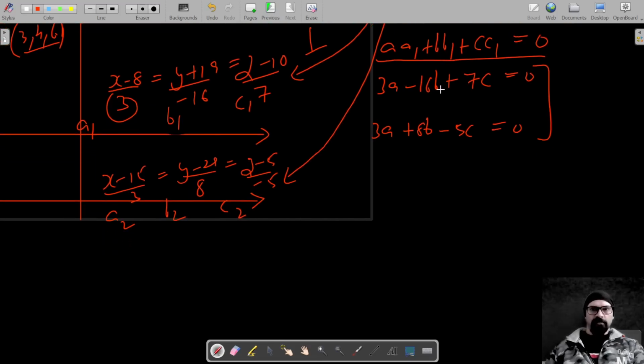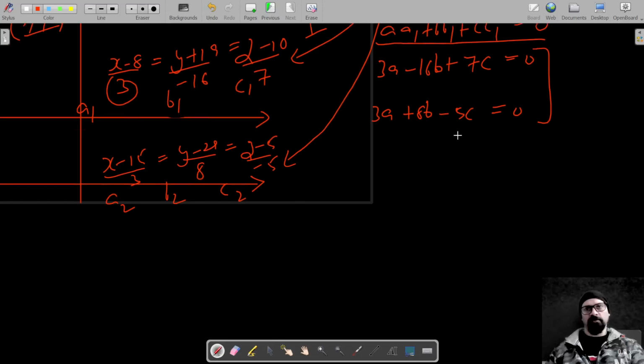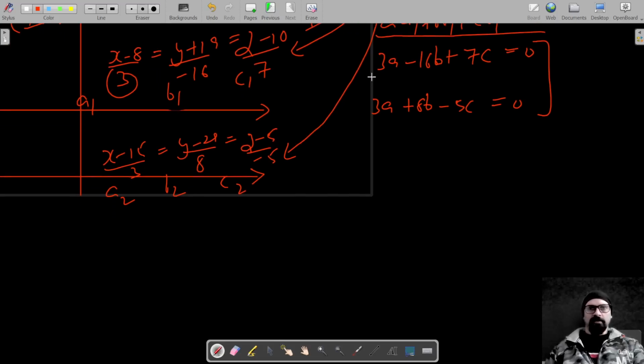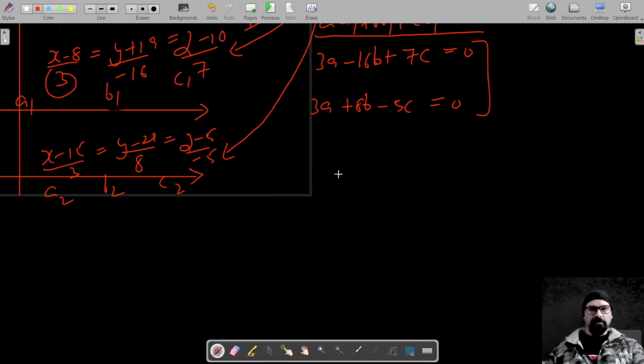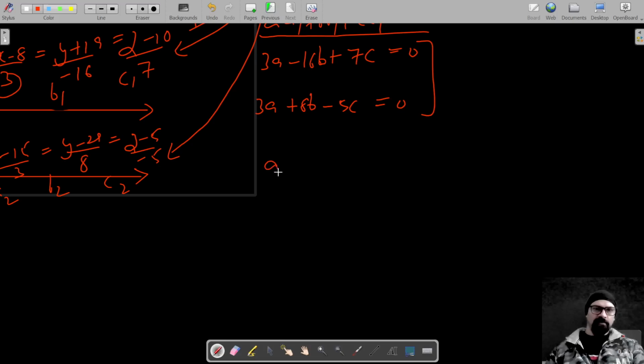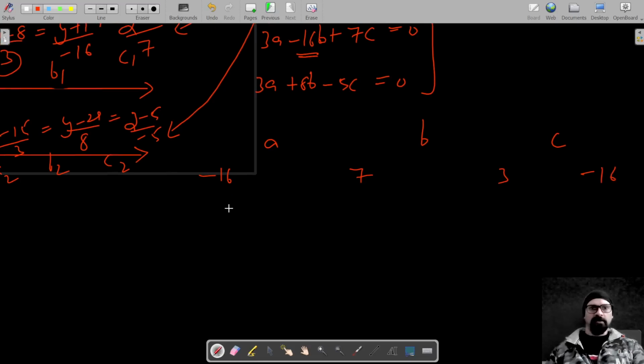These equations have three variables a, b, and c, so we should have three equations, but instead we have two equations. So we will try to get the ratios of a, b, and c. I'm going to write this as a, b, and c, starting with the middle term, which is negative 16, then 7, then 3, and then negative 16, 3, negative 5, 3, and 8.